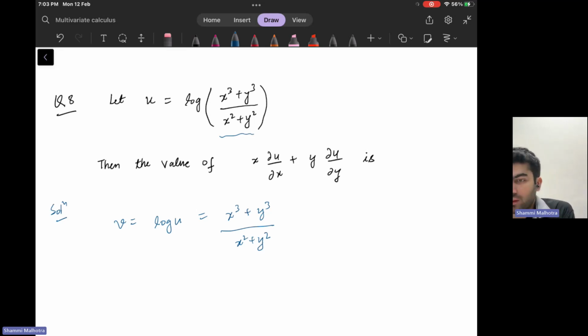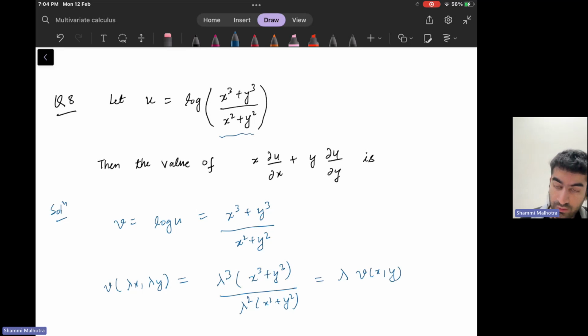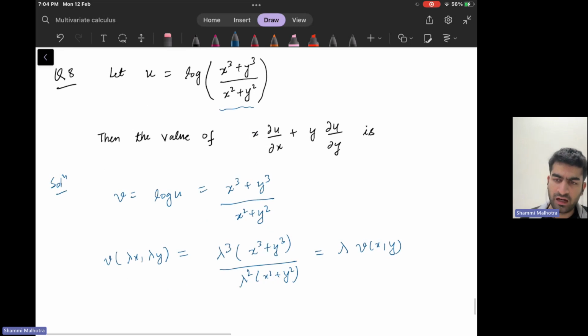Now if we take v of lambda x, lambda y, this is lambda cube of x cube plus y cube divided by lambda square of x square plus y square. So this is lambda times our function v(x, y) only. So this is a homogeneous function of degree 1. And for homogeneous degree 1, by Euler theorem, this can be directly evaluated.